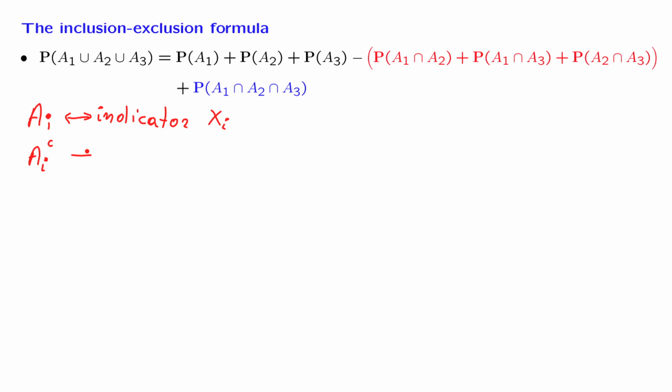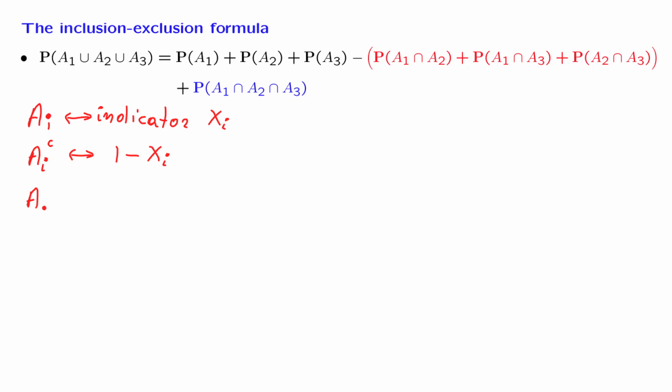The indicator function of the complement is 1 minus the indicator of the event. Why is this? If the outcome is in the complement, then Xi is equal to 0, and this expression is equal to 1. On the other hand, if the outcome is inside Ai, then the indicator function will be equal to 1, and this quantity is going to be equal to 0.